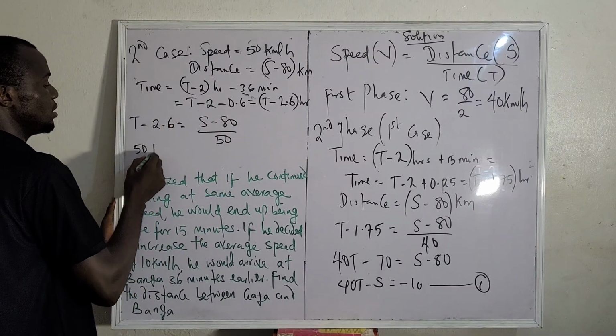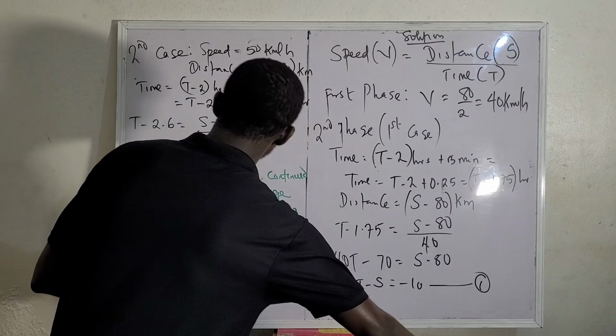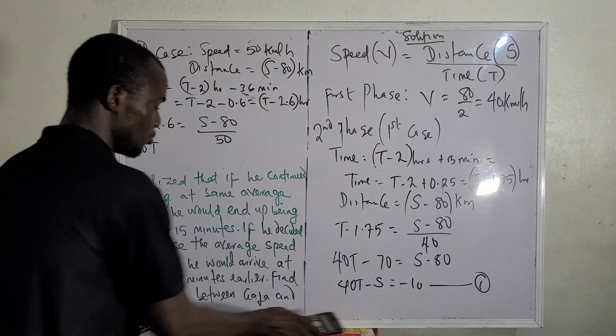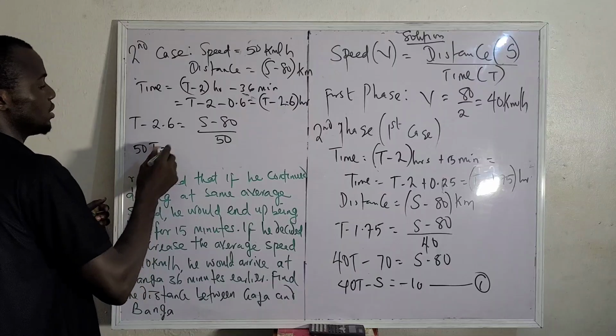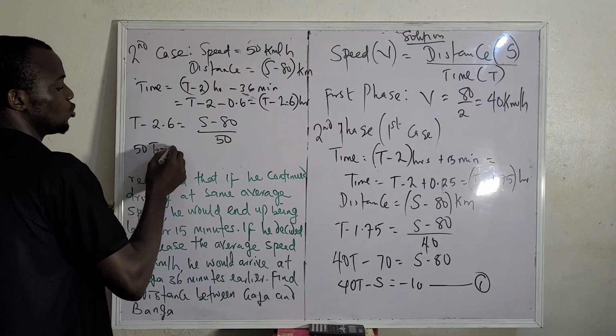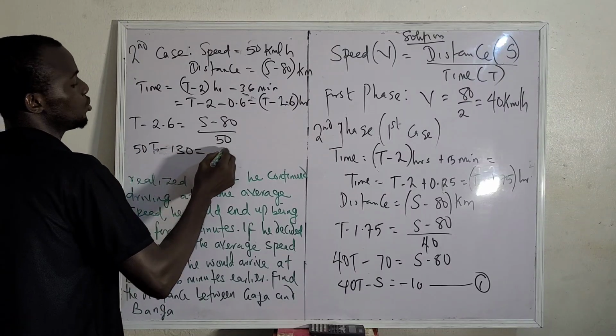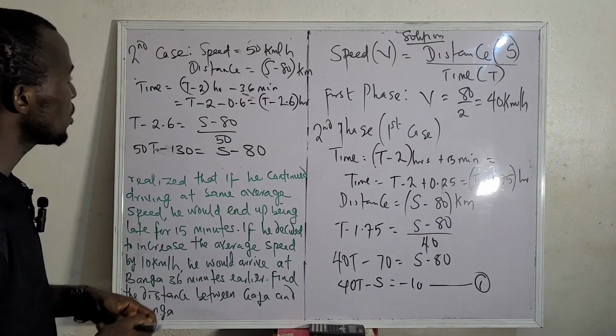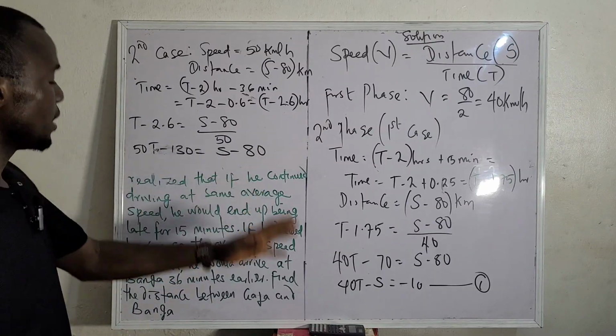This will be 50t, and by the time I do 2.6 times 50, that will be 130. This is minus 130 equals s minus 80. All right, so this is what we have.